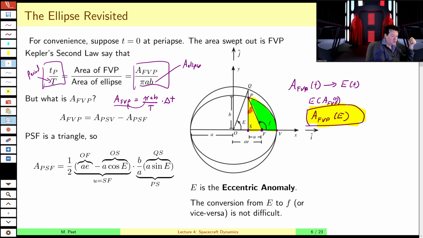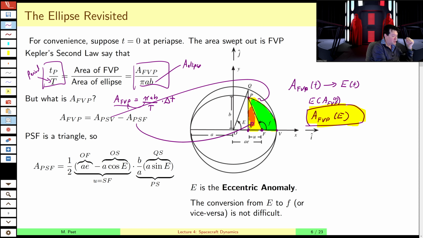So this little triangle here, PSF, is that thing there, and PSV is this three-pointed weird thing here. Now the PSV is obviously not terribly easy to calculate, but we'll find out that it's not that hard. In fact, we find that on this slide.